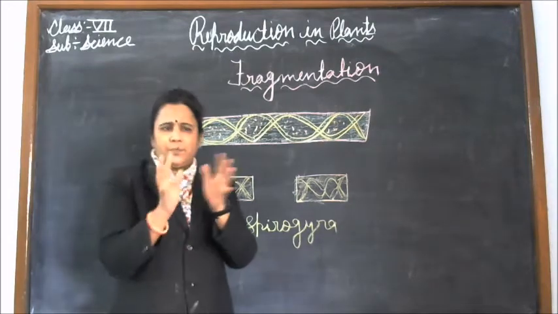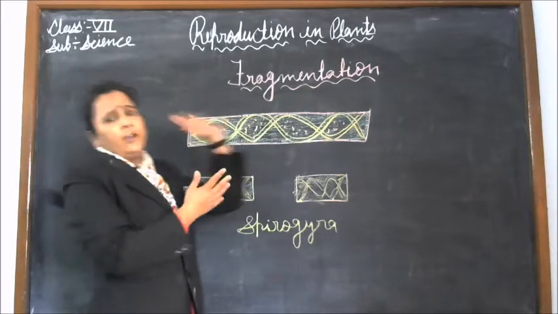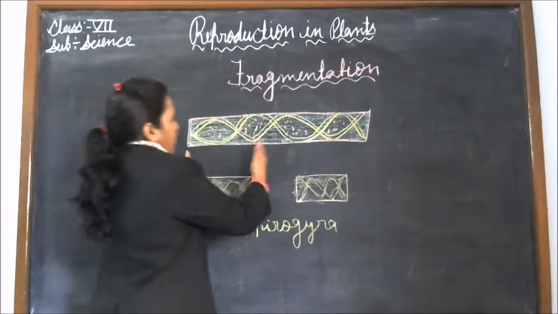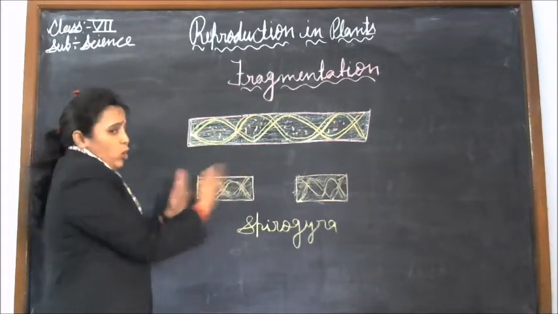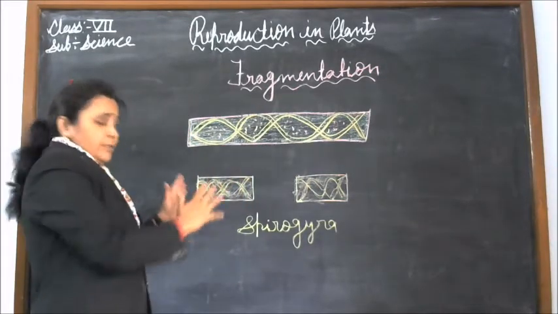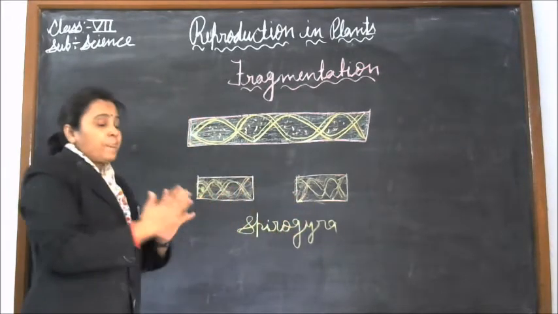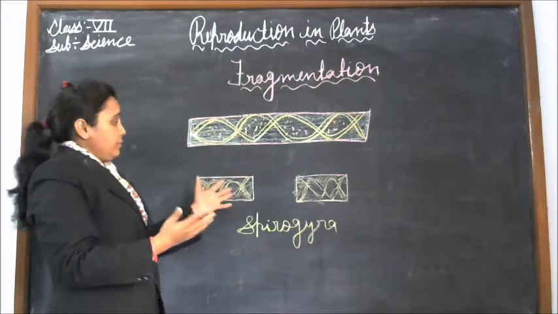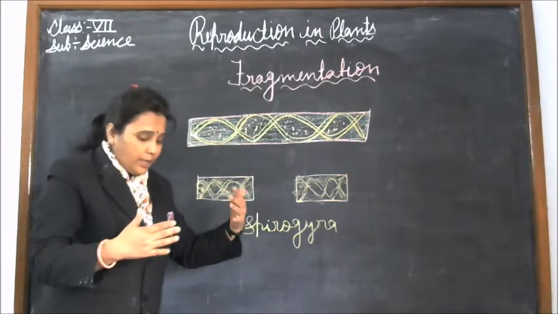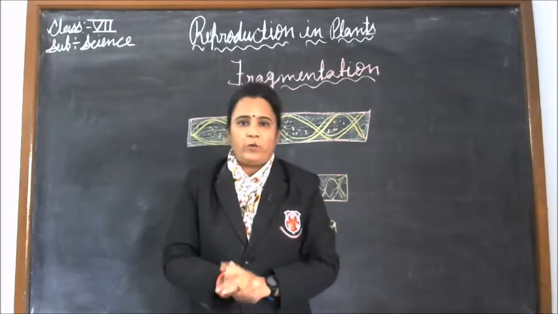These pieces are known as fragments, so this process is known as fragmentation. After that, these fragments grow into new individuals of Spirogyra.